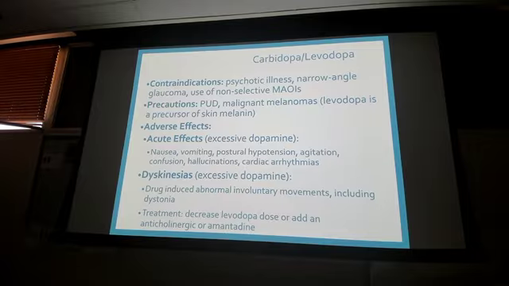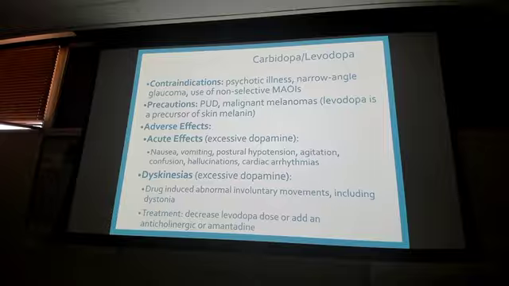Our contraindications, again, looking at the issues that we would potentially have. We already talked about these are psychotic medications that we have. When you're looking at your non-selective MAOIs, we talked about MAOIs too when we were looking at our first block. So just remember that, if I have a non-selective MAOI, what can happen is that it can increase the amount of norepi that they have, and then that can lead to a hypertensive crisis.